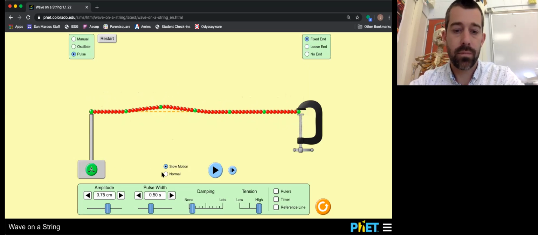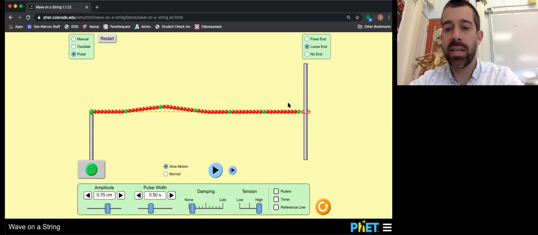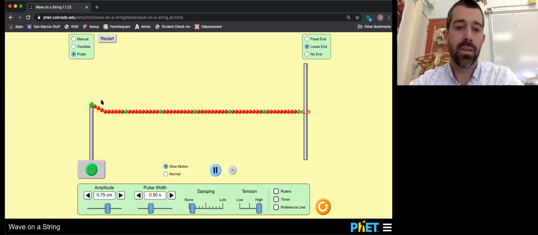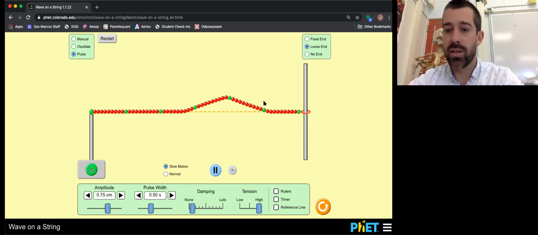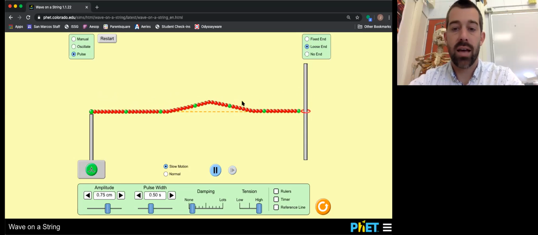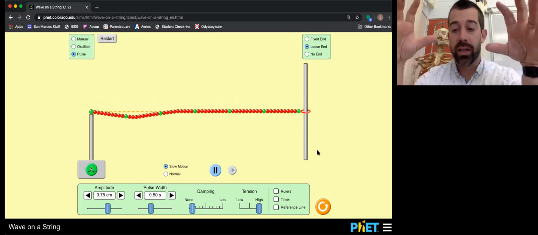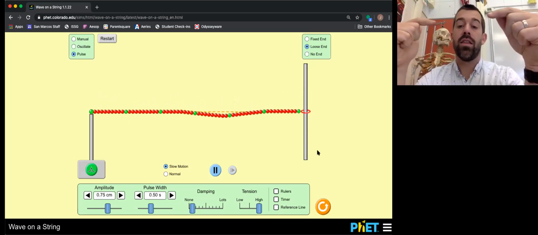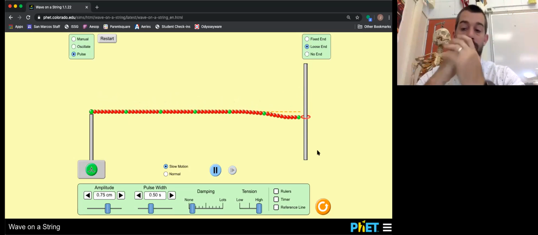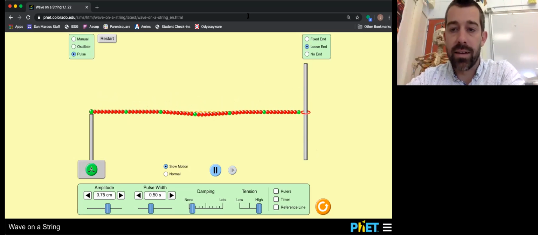All right. What if we have a loose end? What if the end of the string is free to move however you want? Well, let's see what happens there. When the end is free to move however it wants to, it's going to hit and it's going to be reflected as a crest still. So it will only be inverted if there is a solid connection at the end of the wave.